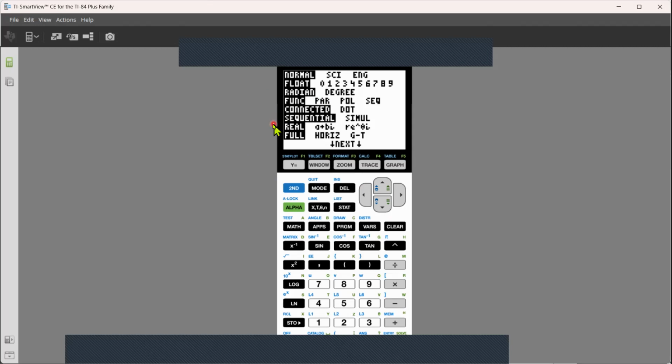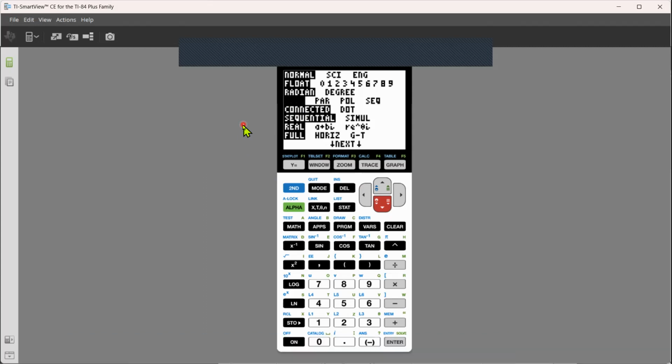You can still do the pi over 180 thing if you want, but this just means that if you have it in a certain mode, if you put in like 45 cosine, it's going to think that you're in 45 radians, which is not pi over 4.